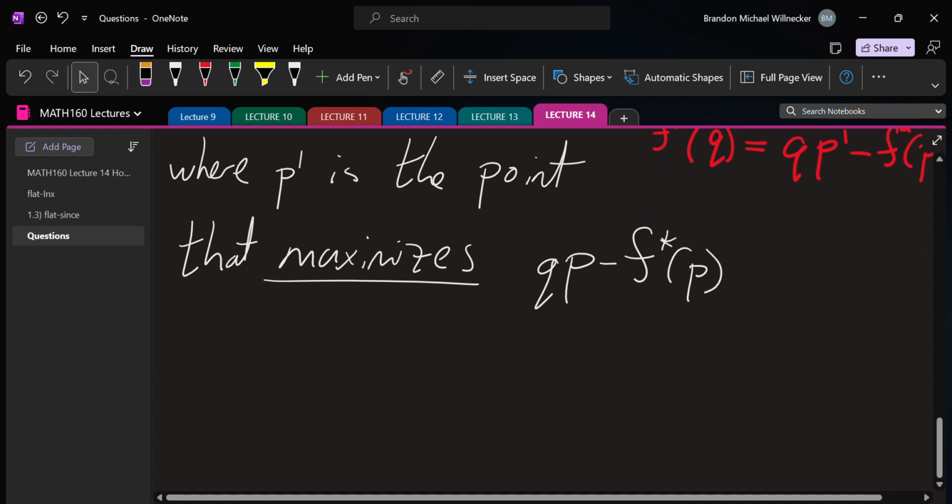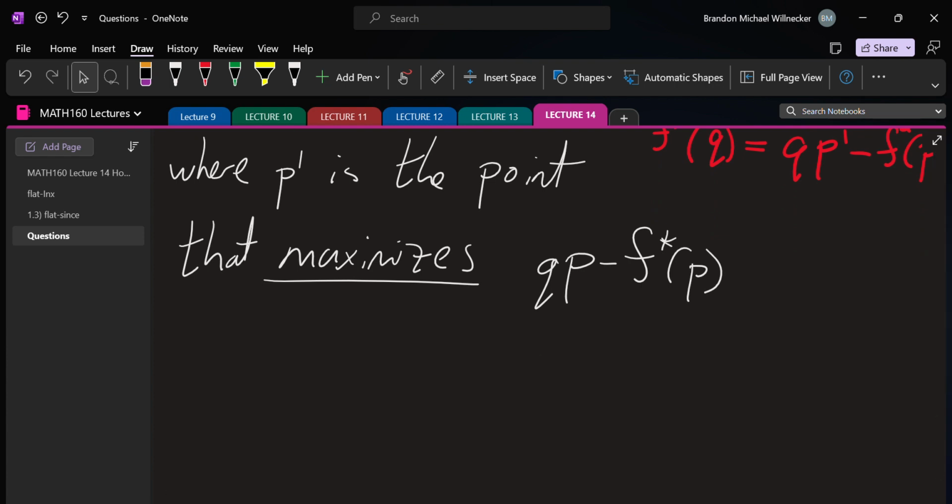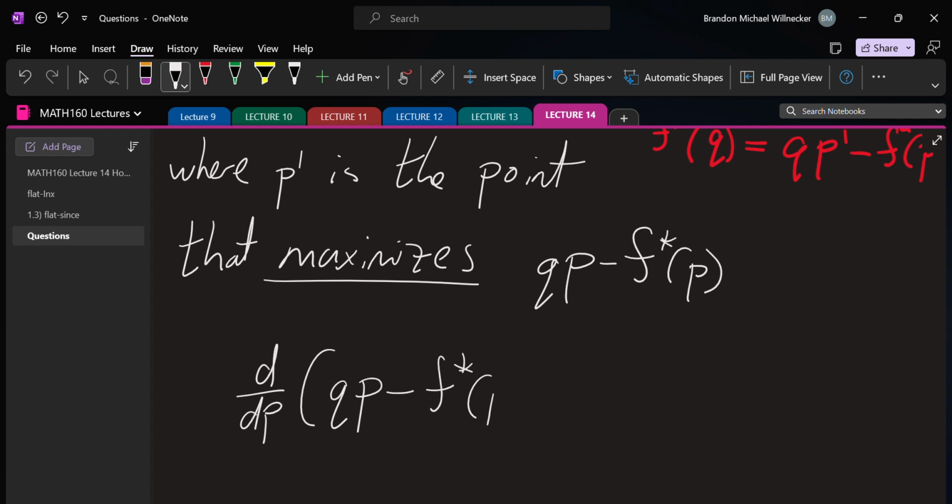So what does this mean? This means we want to maximize this thing to find p prime. Once we have p prime, we can substitute it back. So we have to take the derivative, set it to 0, solve for p. So derivative d by dp, set it to 0.